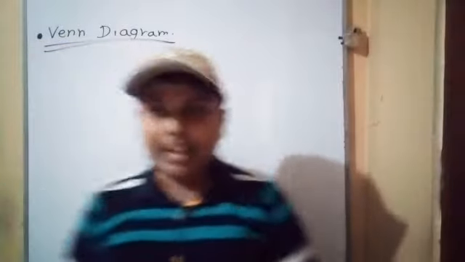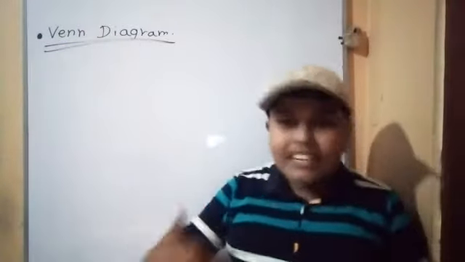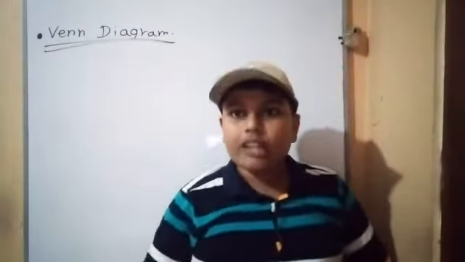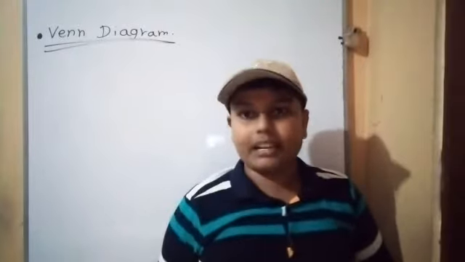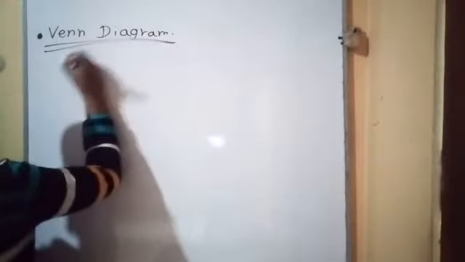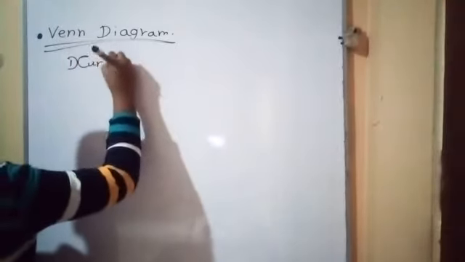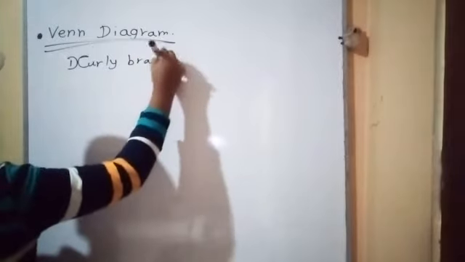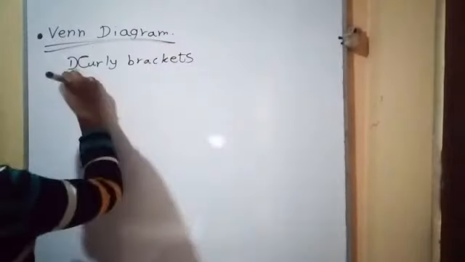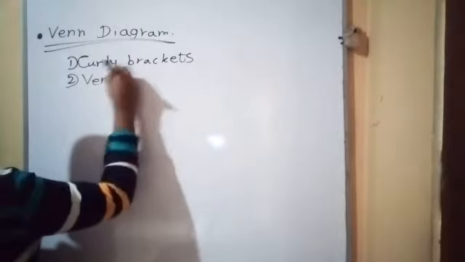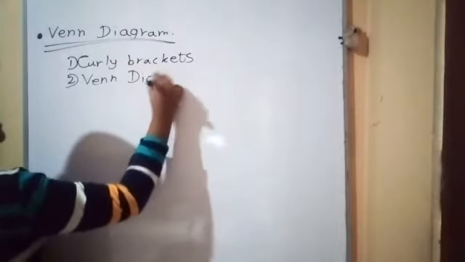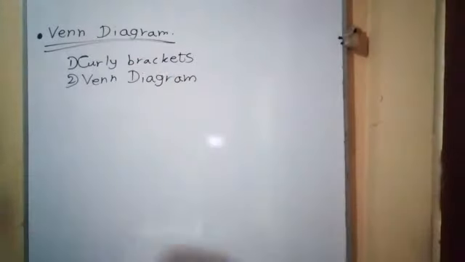Now you know, this is another method of writing a set. First you keep the curly brackets. What are the two methods? The first method is curly brackets. The second method is the Venn diagram. These are the two methods to write a set. Right?